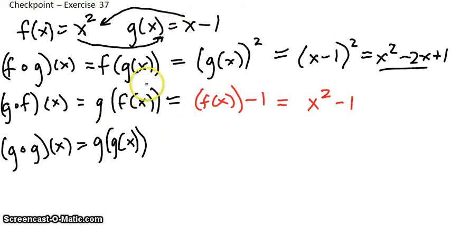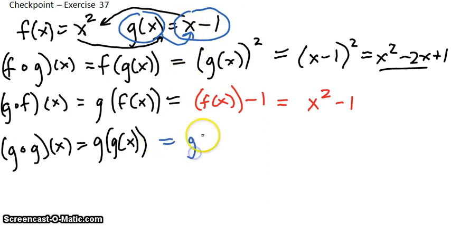Now the last one's a little weird because you're taking this whole thing and plugging the function into itself. So I'm replacing x with g of x. So g of x goes in place of x here, minus 1. Well, g of x is this whole function.